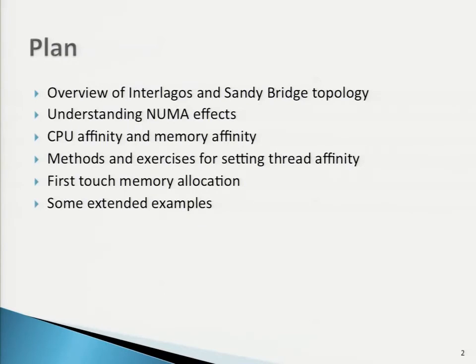We'll have a look at what we call NUMA effects, and then we'll look at CPU affinity and memory affinity, where we can get more fine-grained control of exactly which cores our threads are running on, and finer-grained control over where exactly in memory we store the data that we want to operate on. And then we'll do some methods and exercises to illustrate this point.